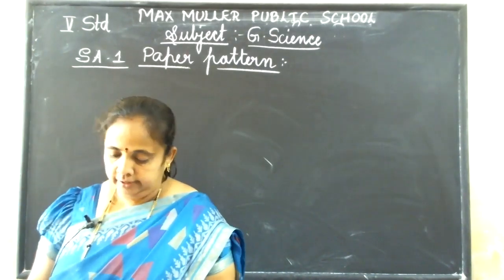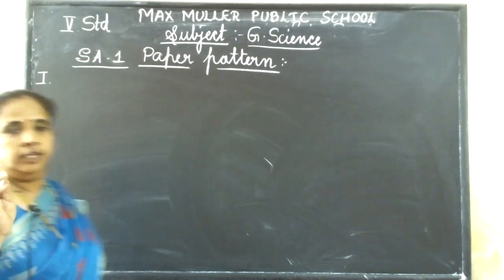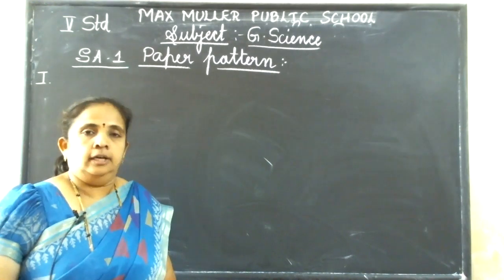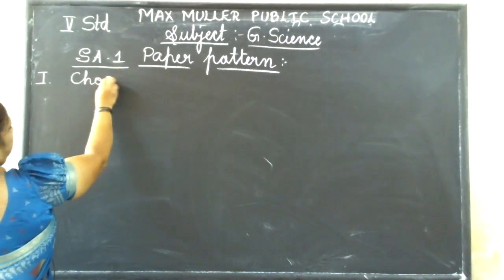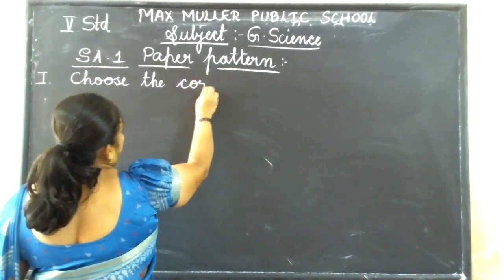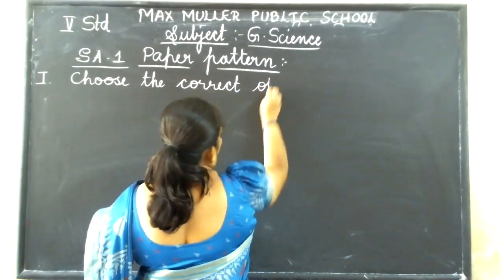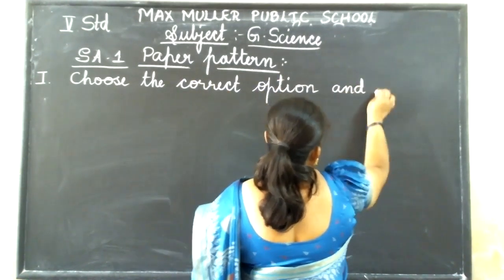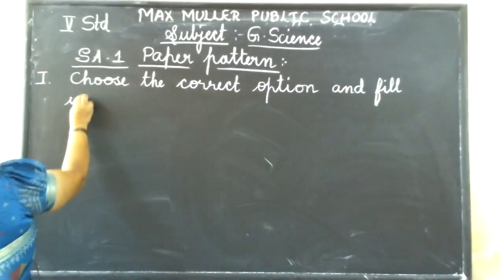So in that, the first main is choose the correct answer. So open your books where you had copied the questions last class. I think you can continue there only. So first main is choose the correct option and fill in the blanks.